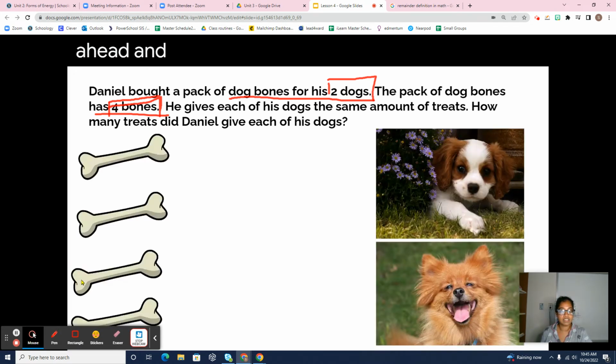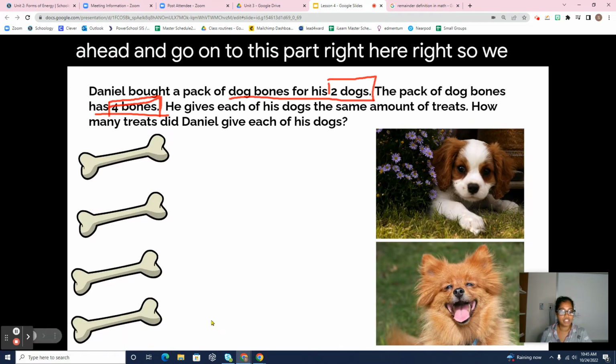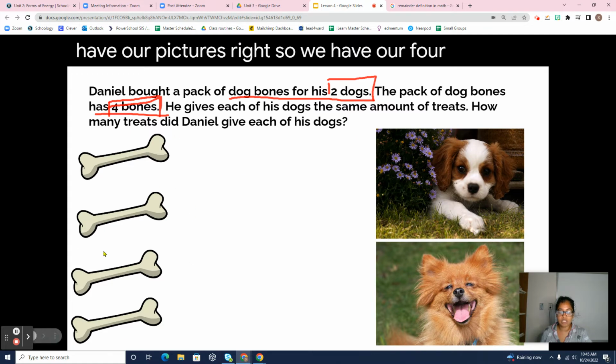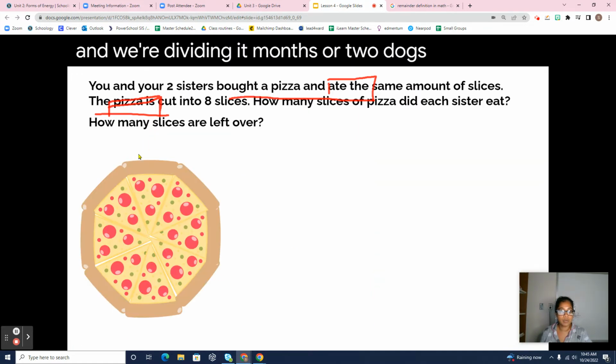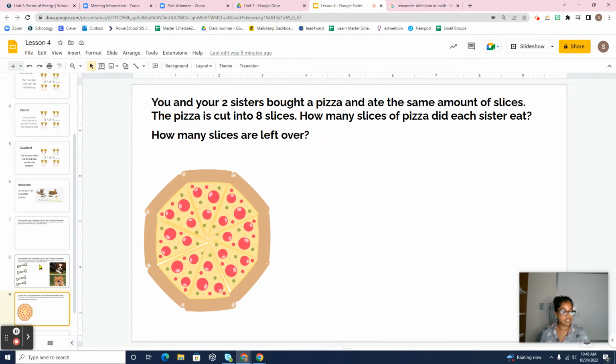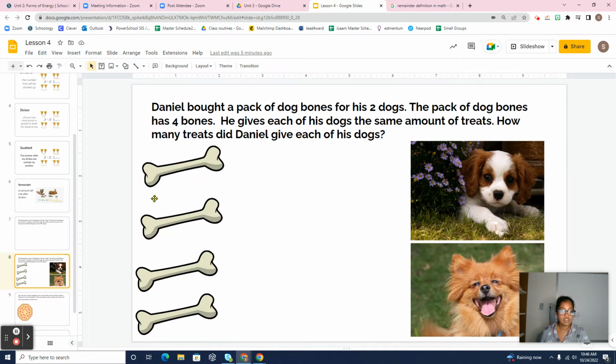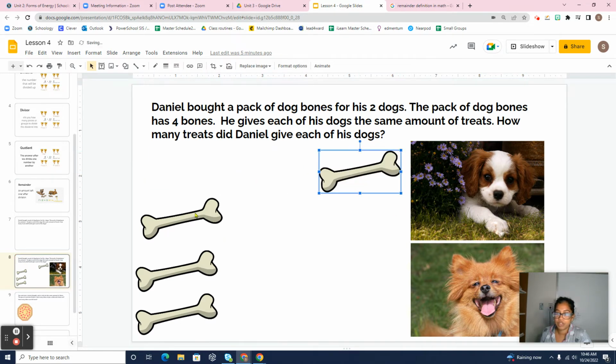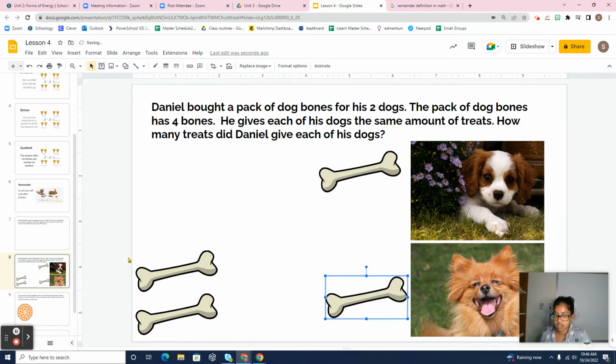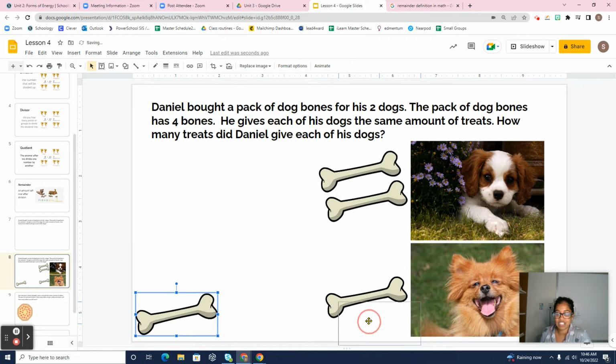So let's go on to this part right here. We have our pictures, so we have our 4 bones, and we're dividing them among our 2 dogs. We need to divide our 4 bones among our 2 dogs. We have 1 bone we're going to give to that dog, and 1 bone to the other dog. And we have 1 more, so 1 bone for that dog and 1 bone for this dog.